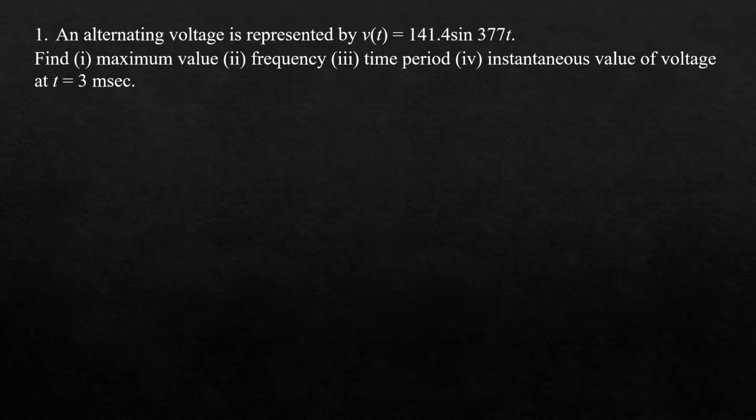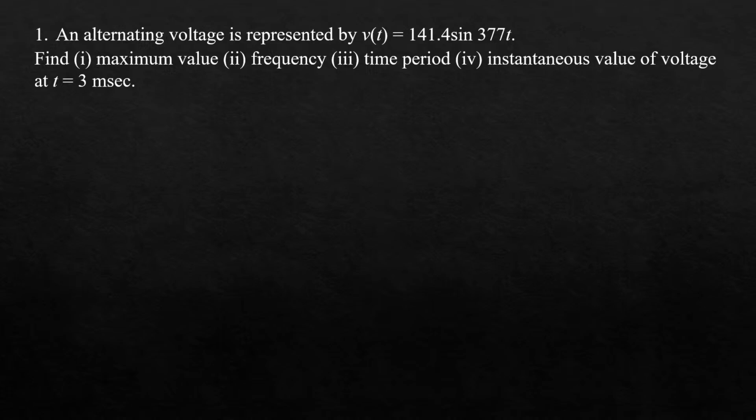It's approximately just 60, so f is 60 hertz. Therefore, the time period becomes 1 by 60 seconds. And the instantaneous value of voltage at 3 milliseconds is simply V at 3 milliseconds.